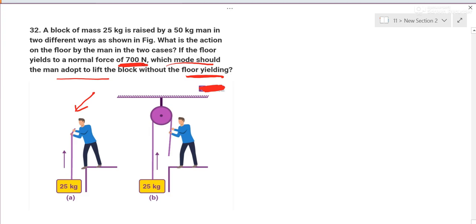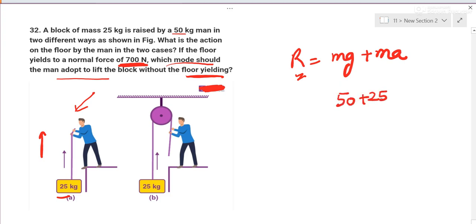In the first case, you can see he is lifting it up. When it is being lifted up, the apparent weight increases, by a factor of ma. Here you can see this is 25 and the man's weight is 50, so you can add both: 50 plus 25.